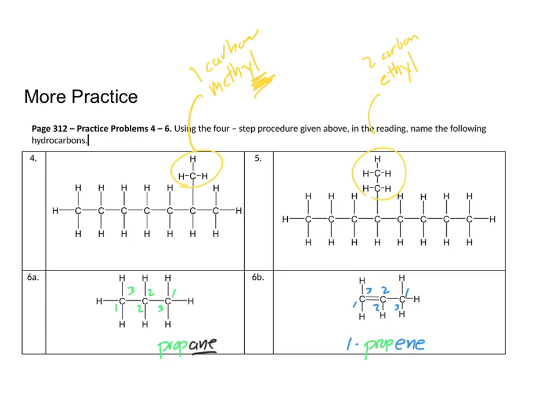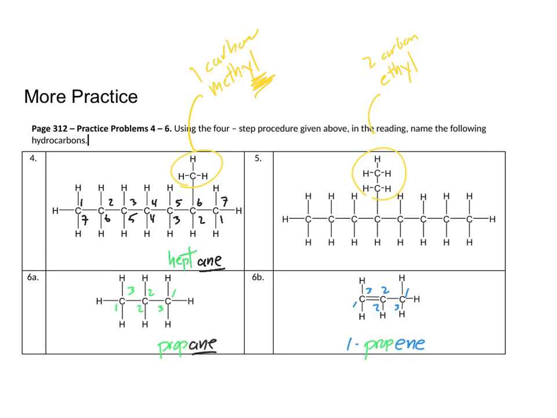Okay, so when I go to name these carbons, for number 4, for example, there are 1, 2, 3, 4, 5, 6, 7 carbons. So the rule is just like with identifying types of bonds. This is an alkane because it's all single bonds, and it's 7 carbons long, so it's a heptane.